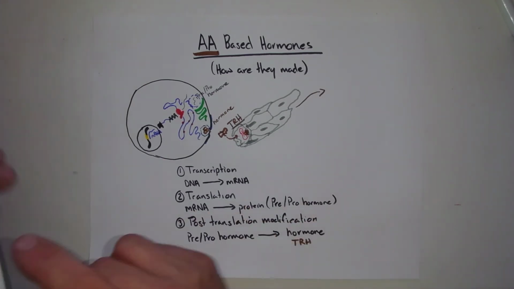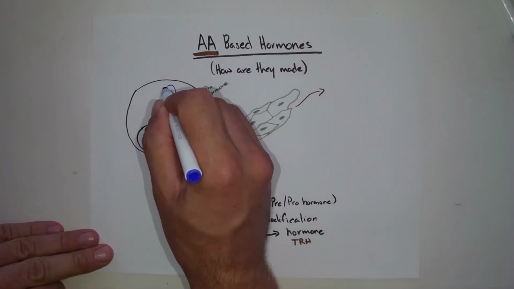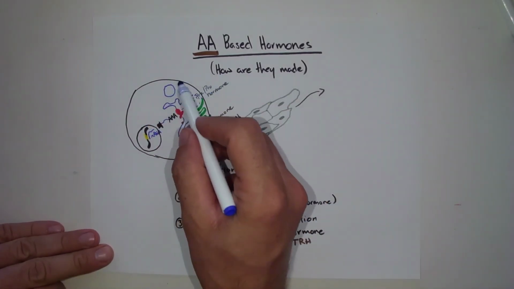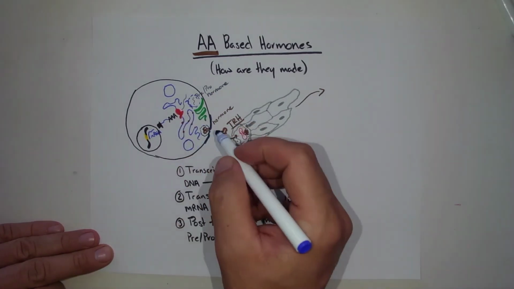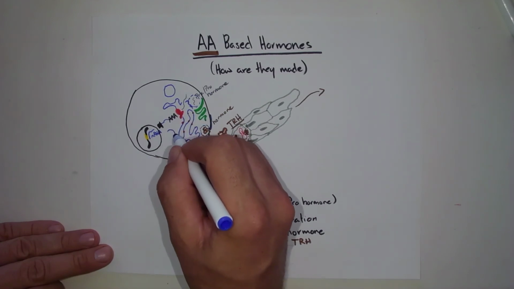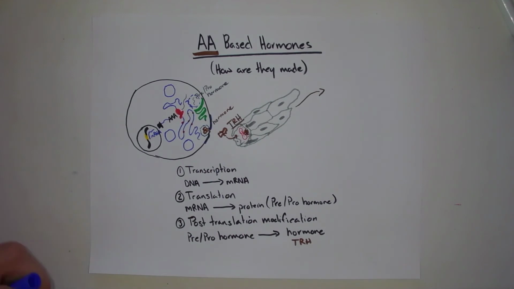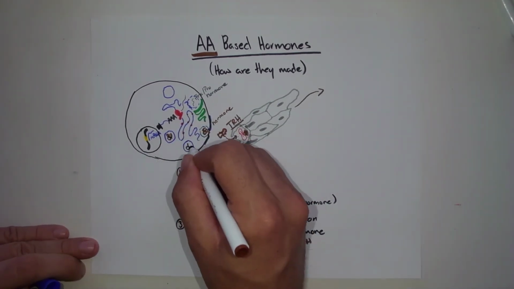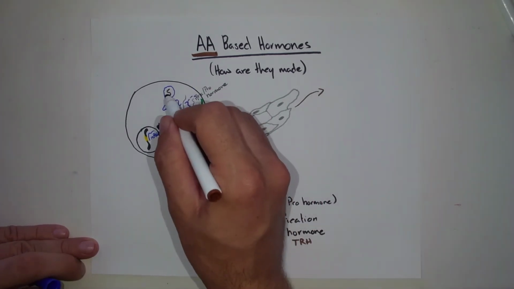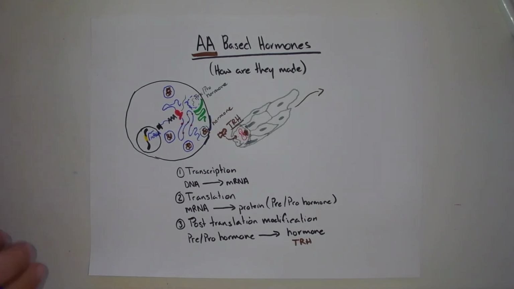But here's an interesting thing. Because they're in membrane-bound vesicles and they can't freely pass through that vesicle, TRH can be stored within the cell until the cell's stimulated to release that hormone.